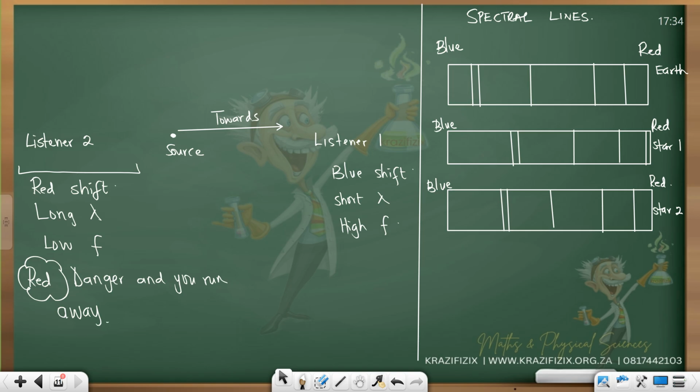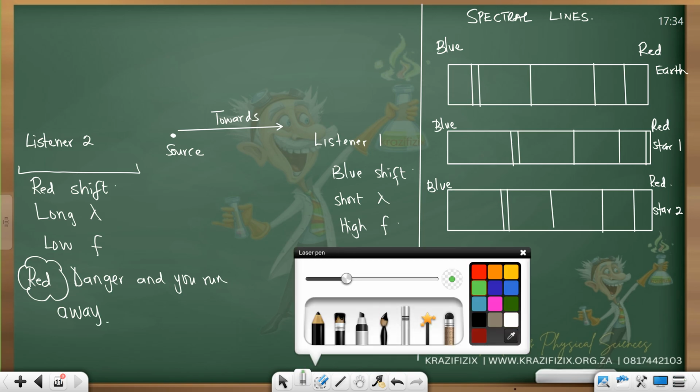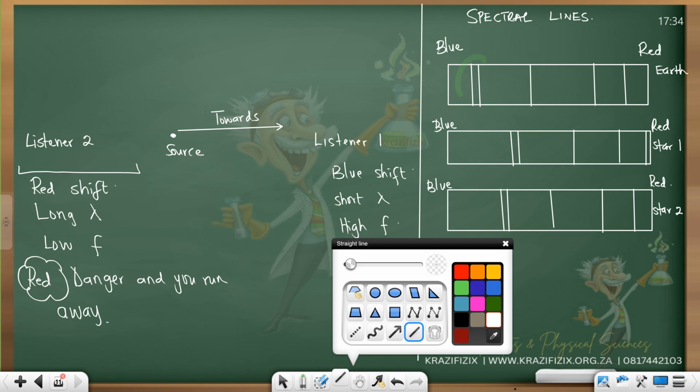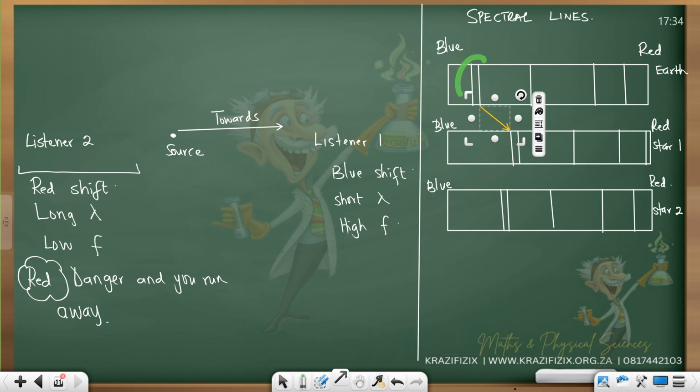All right, guys, I want to tell you what's going on. So look at what I have on the Earth. The Earth is going to be my reference point. But when we observe star 1, we are looking at that. Do you notice that this particular line is the one here?